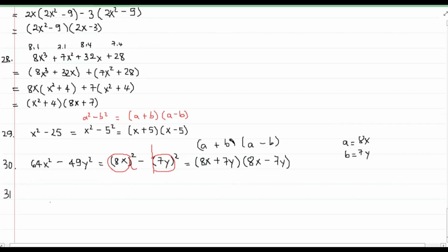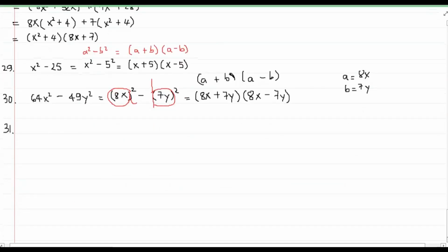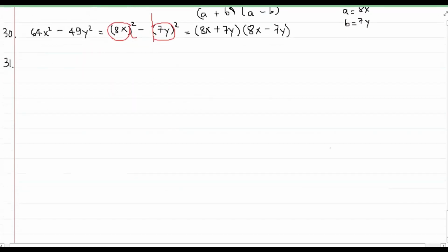Okay, 31. How about if we have x to the power of 10 minus 25 over 9? How do we simplify this one?